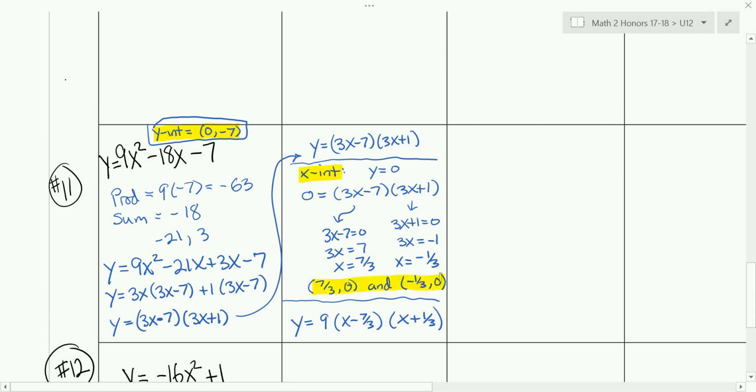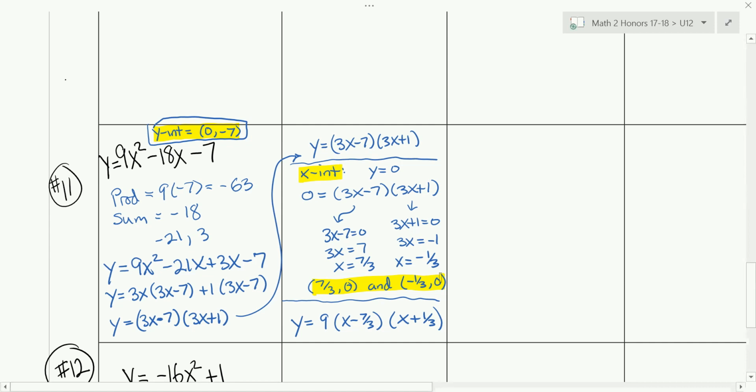And once you have your x-intercepts, you could find your vertex. How? If I give you any two x-intercepts, you can always find a vertex. If these are my x-intercepts, where's the vertex in relation?